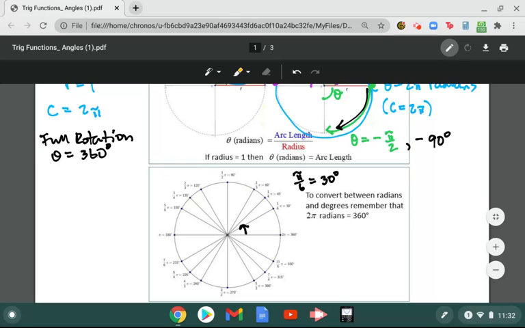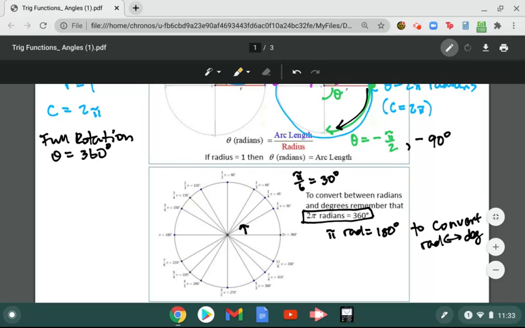So they've given us a conversion factor, and that's the one that we started with, that says 2 pi radians, so full rotation, is equal to 360 degrees. Instead, I like to use the fact that pi radians is equal to 180 degrees, just slightly smaller numbers. So we're going to use this as our conversion factor. So this is going to help us convert between radians and degrees.